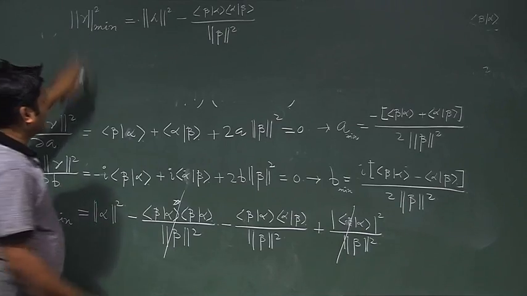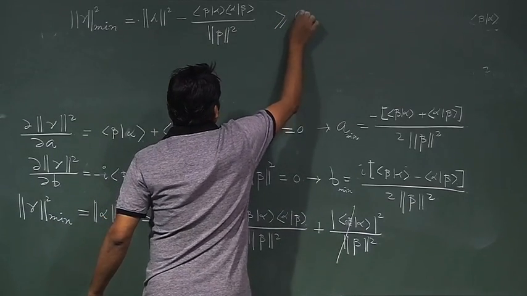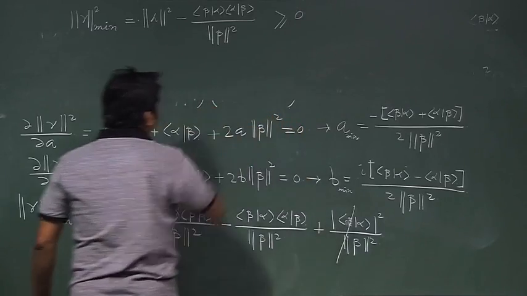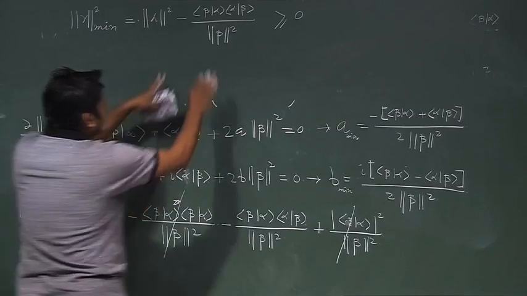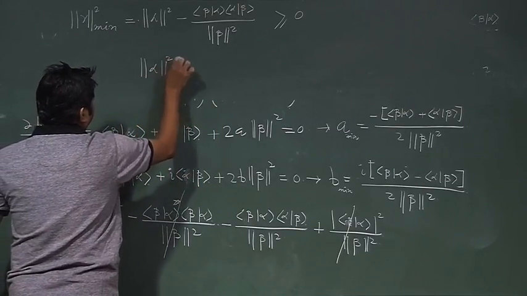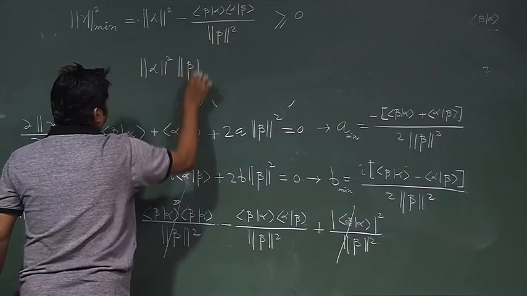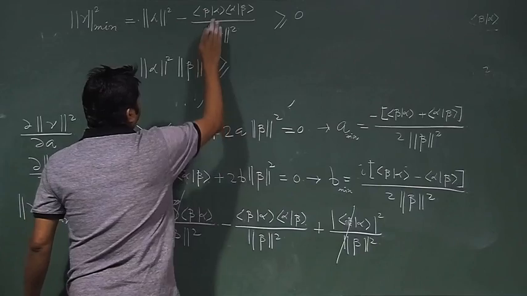that this value has to be greater or equal to 0. This value has to be greater or equal to 0. Now, if I apply these two things, then readily I will find that this is greater or equal to this quantity.